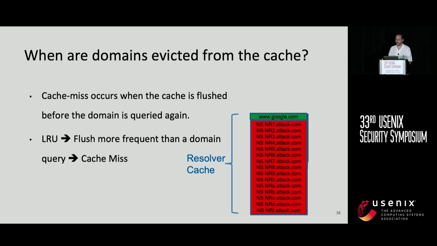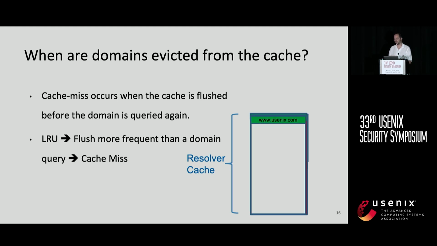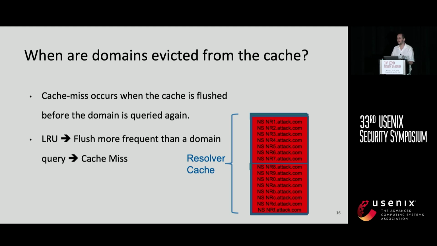A different option is, for example, here usenix.com. We start flushing the cache, and while we are flushing, usenix.com is not queried again, and we manage to flush the cache.